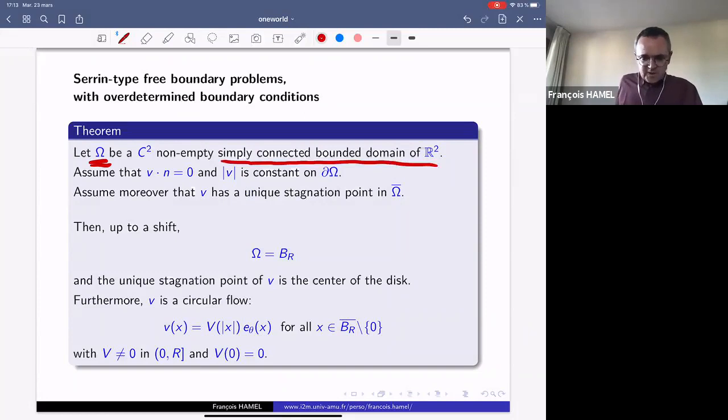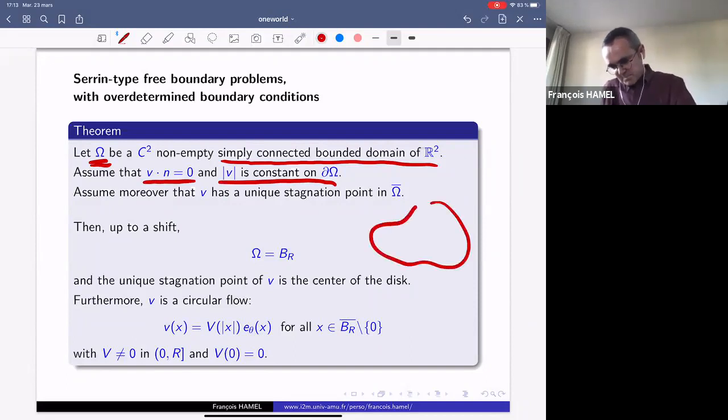And we assume that we have a flow V, which is of class C2 in the closure of omega, and which is tangential on the boundary and also constant on the boundary. So the norm of V is constant on the boundary. And we also assume that V has a unique stagnation point in omega bar, which is therefore an interior point.